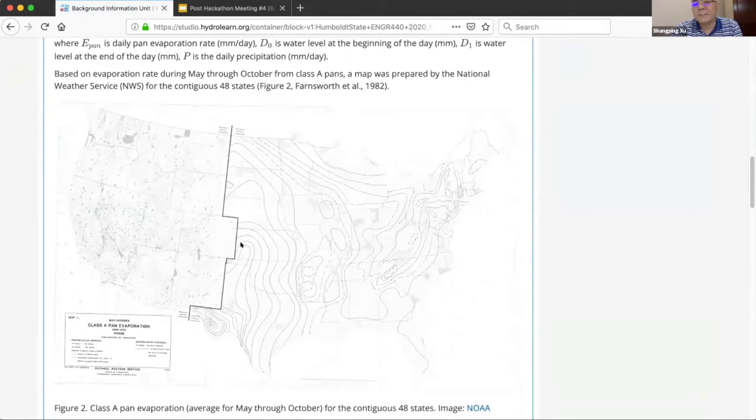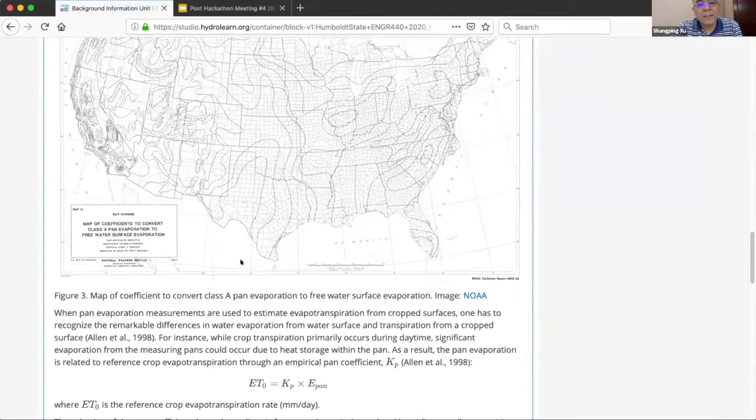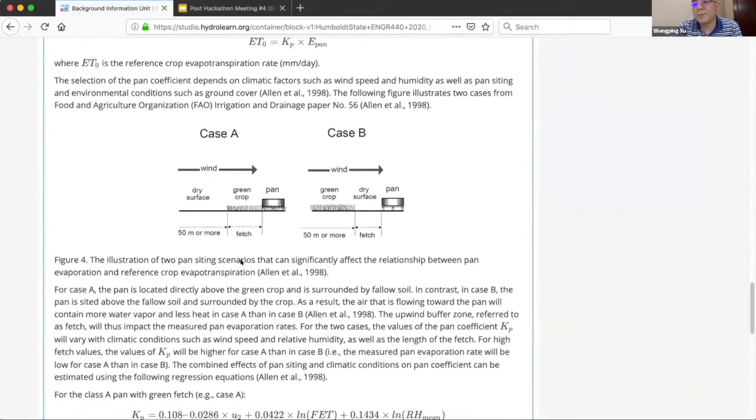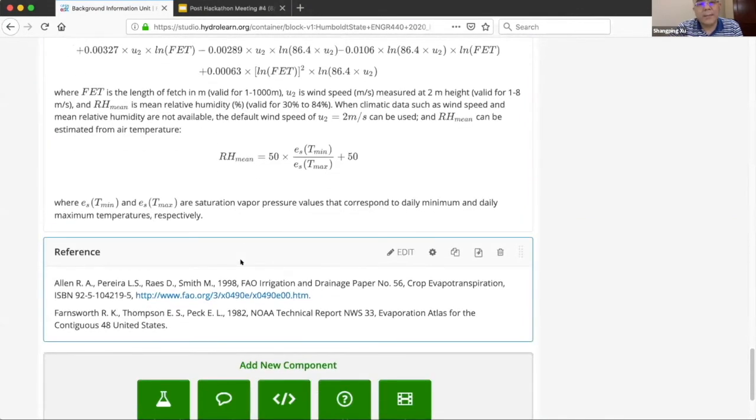There are some estimations to give a general idea of the pan evaporation in the US, and the coefficients, if you want to use them, to estimate the reference ET or the potential evapotranspiration from the pan evaporation. And then the students will do some example calculations using some of these equations. These are the Food and Agriculture Organization version of it prepared by Allen and others.